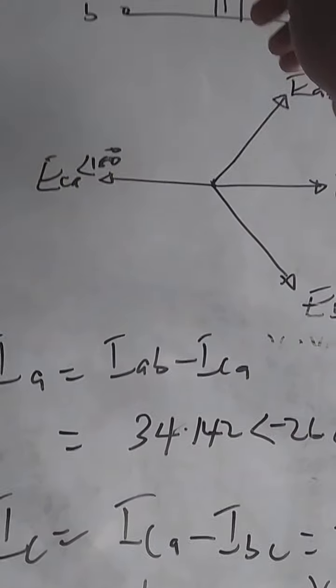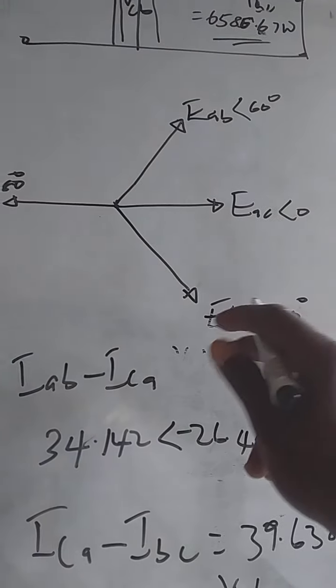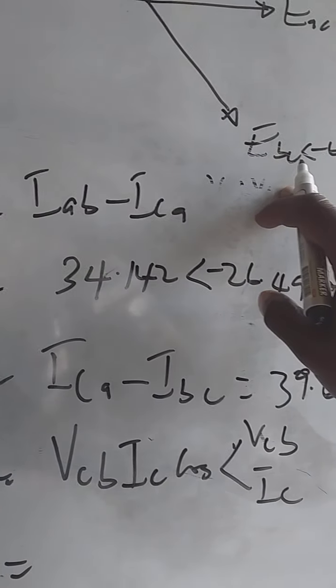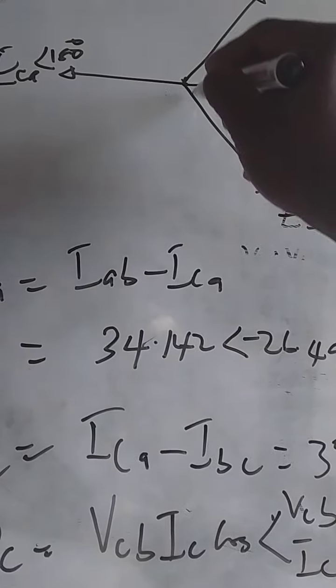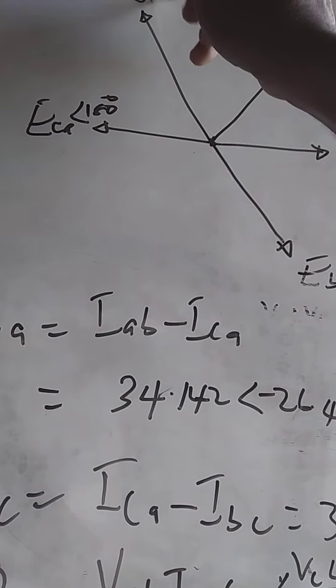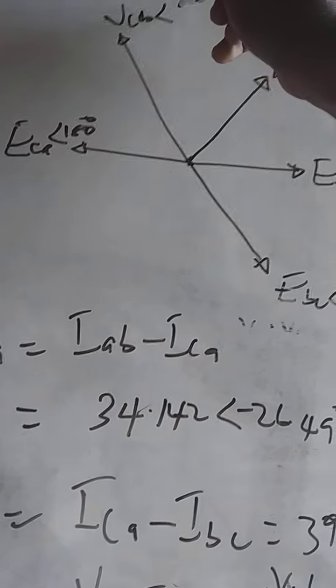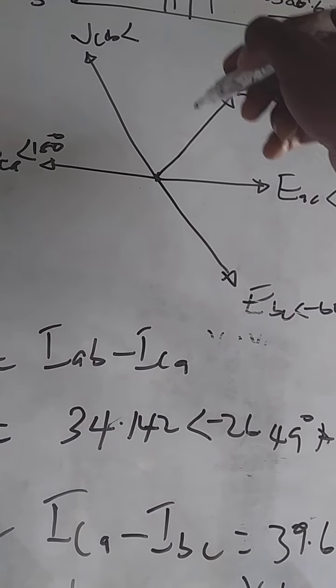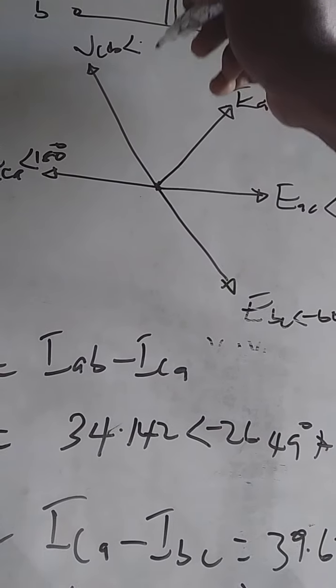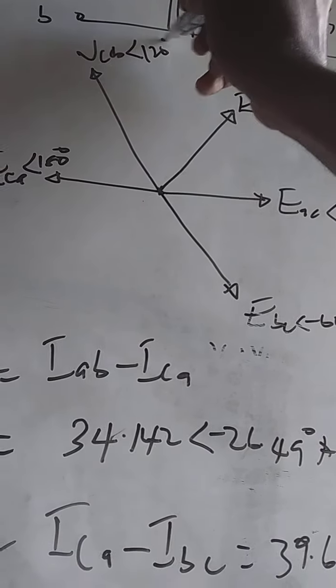If this is VBC, our VCB then will be across here, at angle 120 degrees.